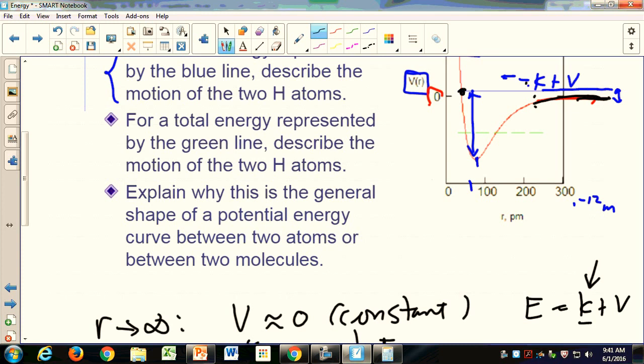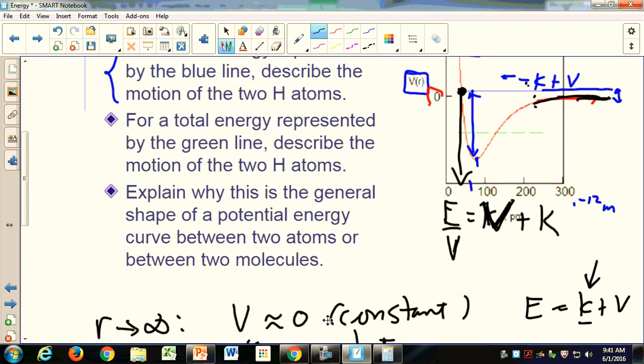When you get to this point over here, where the total energy is equal to potential energy, where the red and the blue line intersect, the same value for potential and total. So if potential and total are the same, what's the value of the kinetic energy? 0.